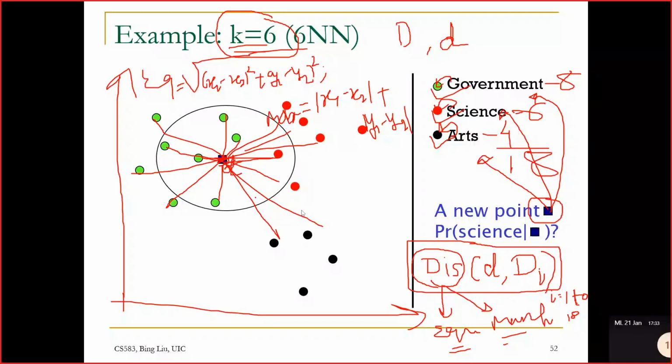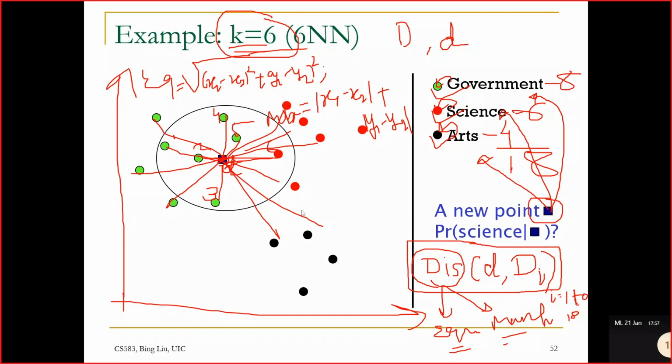Now which are the 6 points which are close? Only 6 points, because you have selected K equal to 6. So these are the 6 nearest points from this unseen sample: 1, 2, 3, 4, 5, 6.